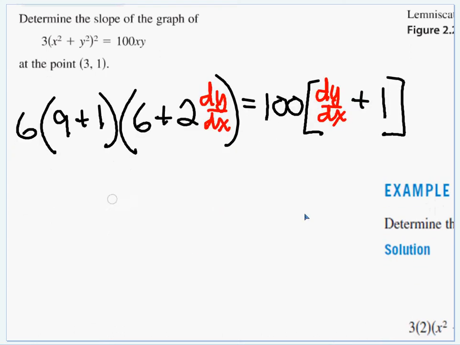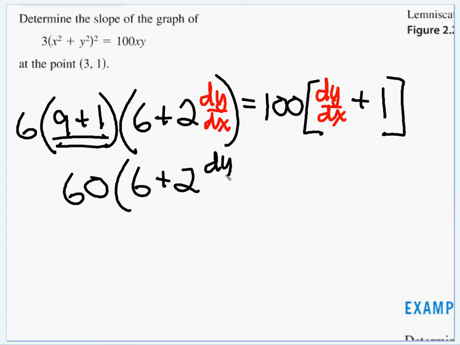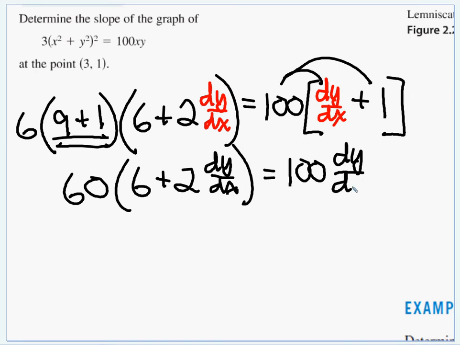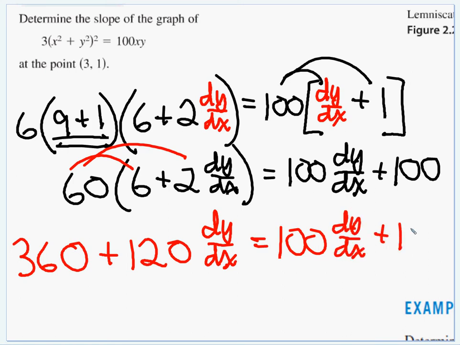So let's see what we can combine here. 9 plus 1 is 10. 10 times this 6 is 60 that we are going to distribute here in just a minute. And on the other side, we can distribute the 100 dy dx plus 100. Okay, back to the left side. Let's distribute the 60. So that's going to be 360 plus 120 dy dx equals 100 dy dx plus 100.